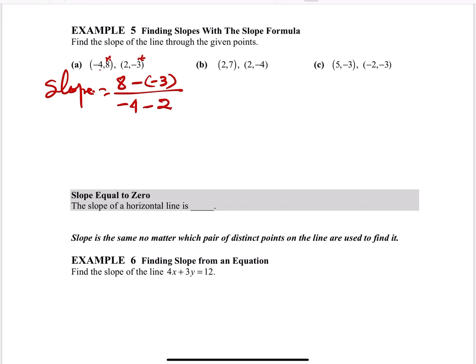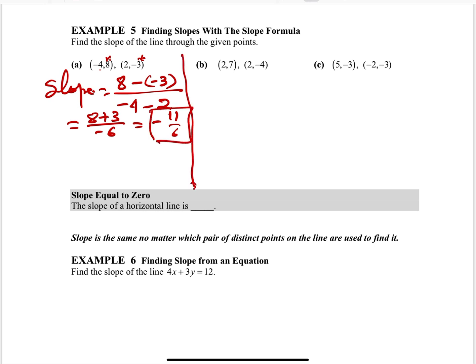And then you end up having 8 plus 3, because negative times negative is positive, divided by -6. And then you will have -11/6. That's the slope for this one.